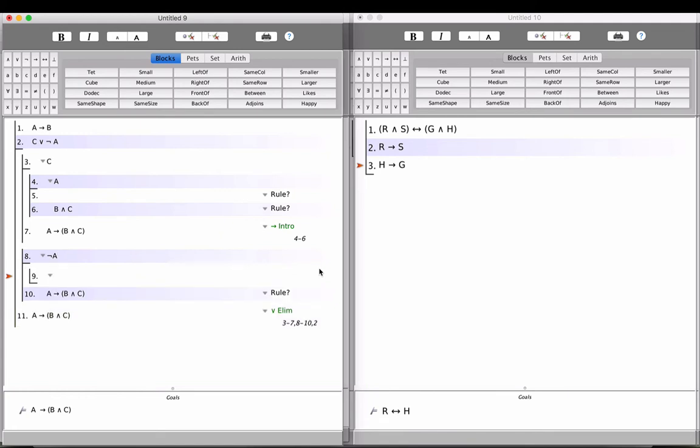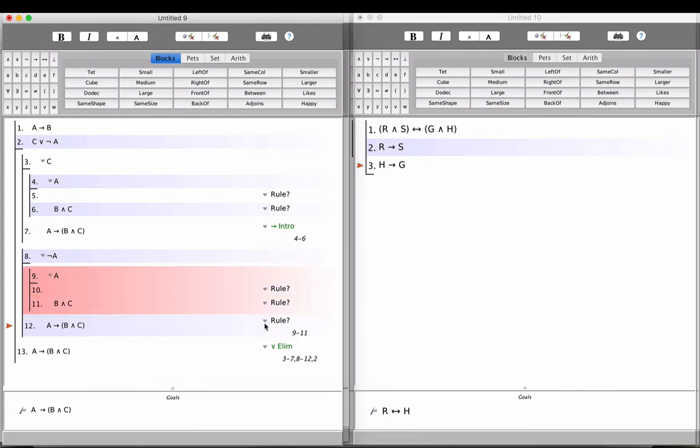I'm going to need to assume A and derive B conjunction C, so that I can exit the nested subproof and say I've just proven B conjunction C from the assumption A. So if I have A, I have B and C.